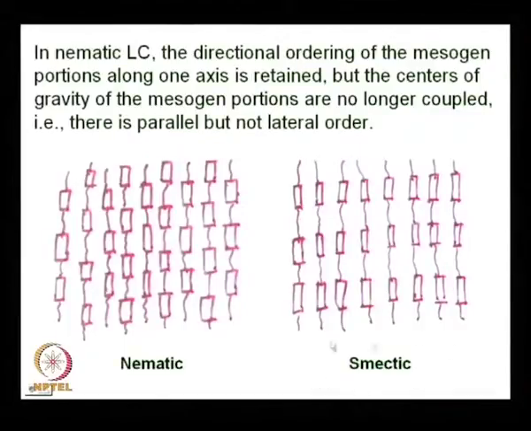Look at these two models, nematic model and smectic model. Here you see these are mesogens, which bring molecular order leading to liquid crystalline behavior. In this molecule mesogens are placed like this, in this molecule mesogens are placed like this.